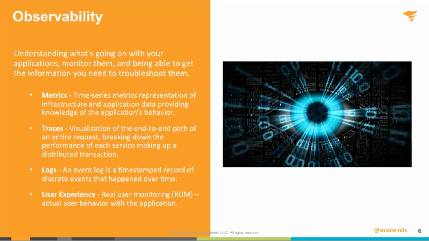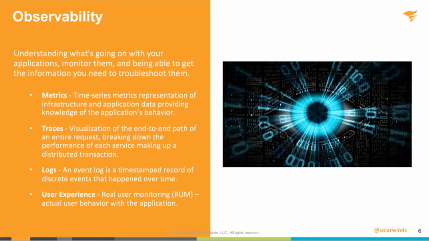So what people talk about when it comes to observability, traditionally you've heard of 3 pillars: metrics, traces, and logs. Well, I'm here to tell you that I believe there should be a 4th pillar to observability. We're not going to get into it today a whole lot, but that's the user experience. Having the inside server-side view of an application.